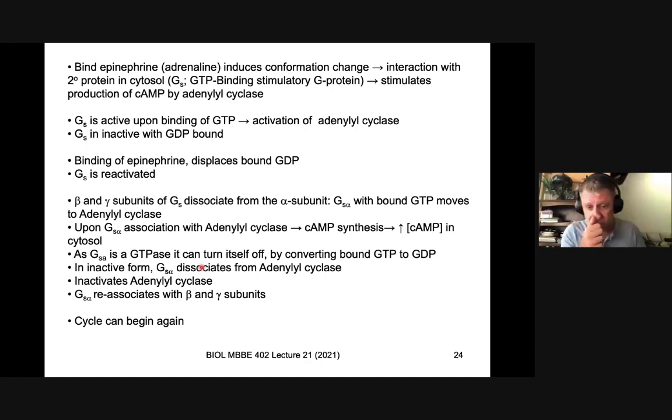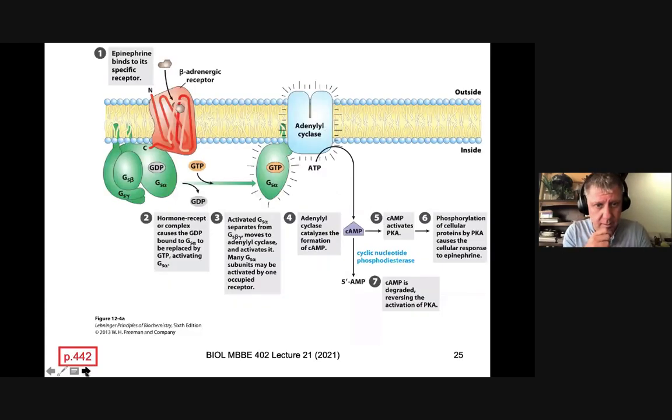We stop the production of cyclic AMP, and therefore this stimulatory protein goes back to its original complex and associates again with the beta and gamma subunits of the receptor, and the cycle can start again. It's more illustrated in what we see, and you're going to have to know this in regards to the next slide.